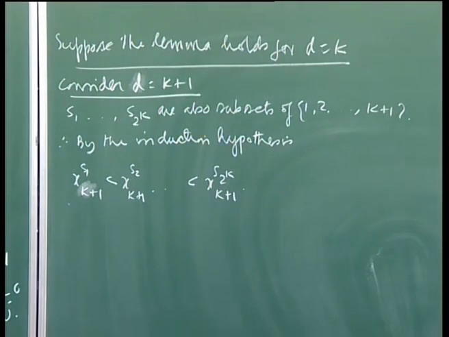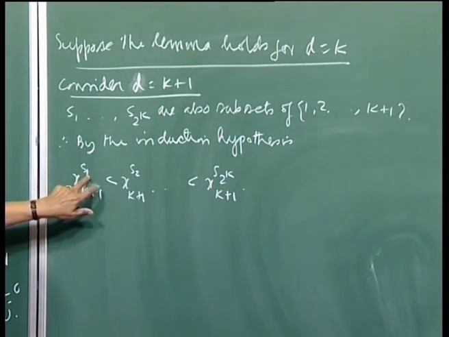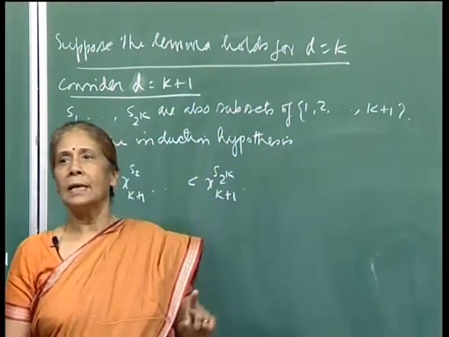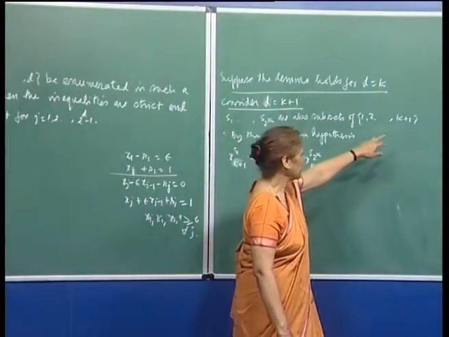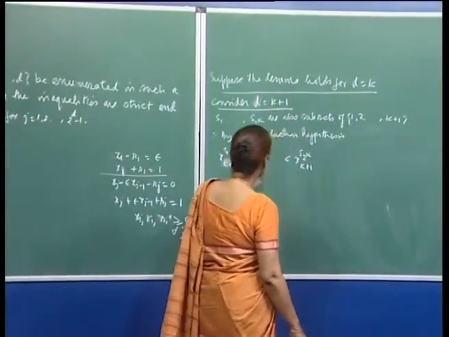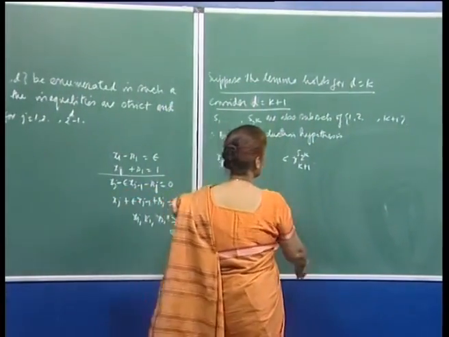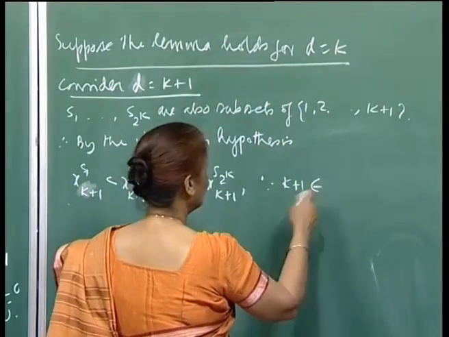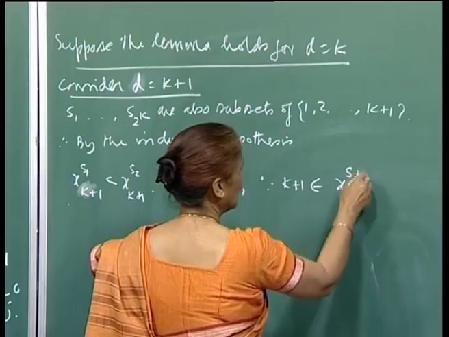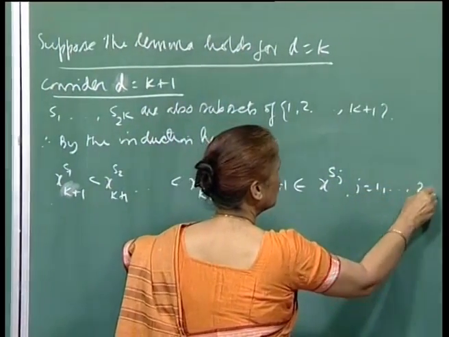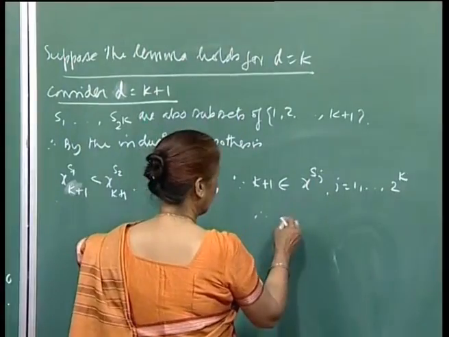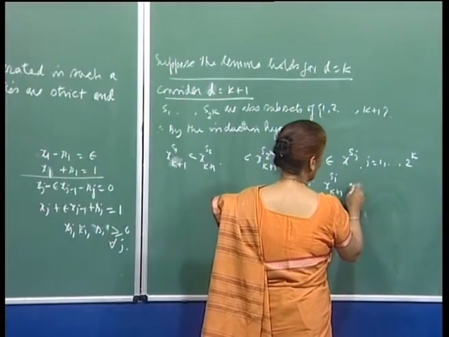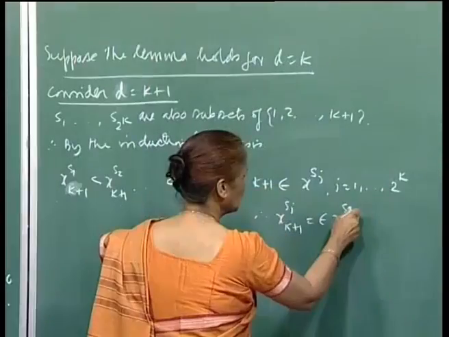Why? Because you see the sets S 1, S 2, up to S 2 raised to k, when they are subsets here, they do not contain k plus 1, right. And so, why should this hold? Since k plus 1 does not belong to x s j, j varying from 1 to 2 raised to k, therefore x s j k plus 1 is equal to epsilon x s j k.